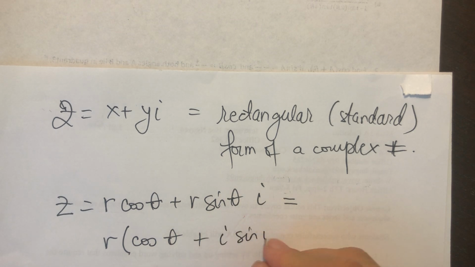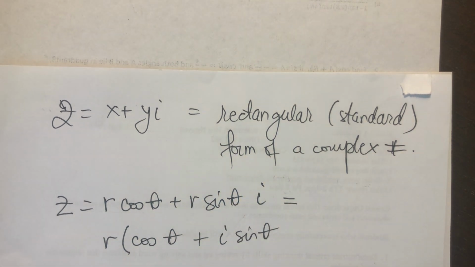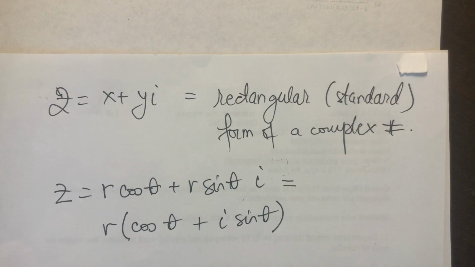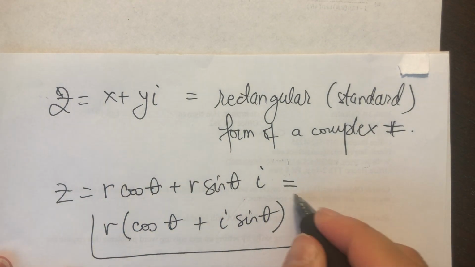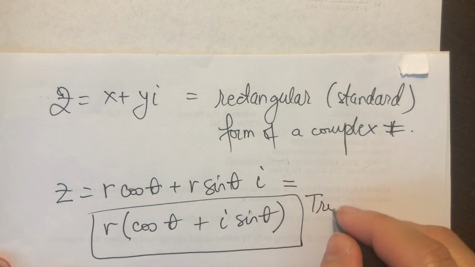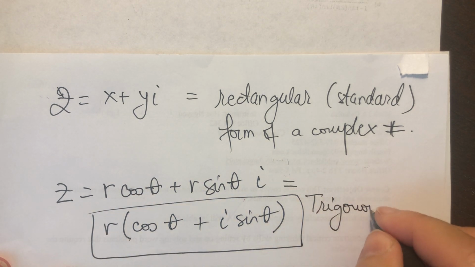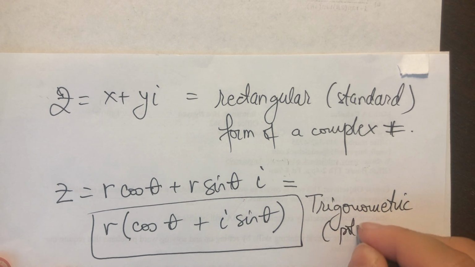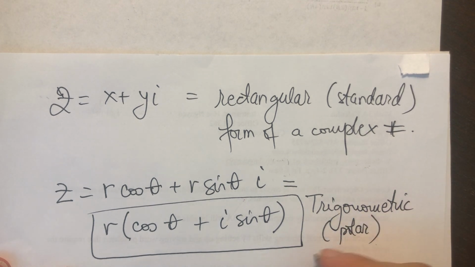Of course it's multiplied to the whole thing, right? The r and the sine of theta. But just to avoid confusion, we're going to put it in the front. So this one is called the trigonometric, or the polar form. It's really the trigonometric form of a complex number.